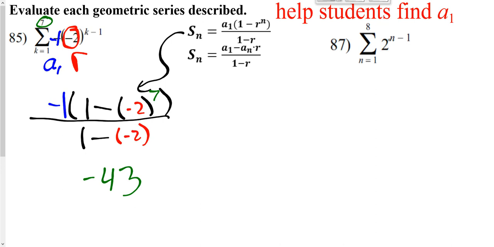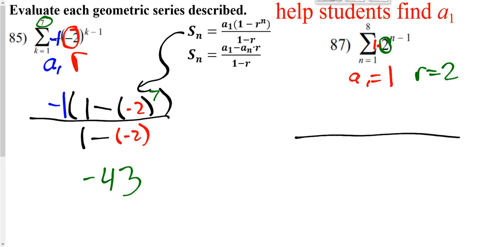Over here, remember the thing that has the exponent on is R. What's in front, and you notice there isn't anything in front, so that means it's really times 1. Your first term is this. So then we can go ahead and use our formula, typing in your first term, then 1 minus R to the n over 1 minus R. Once again, R is 2.